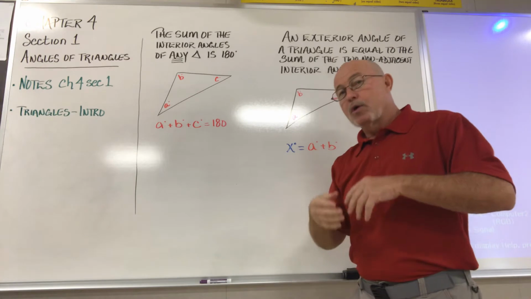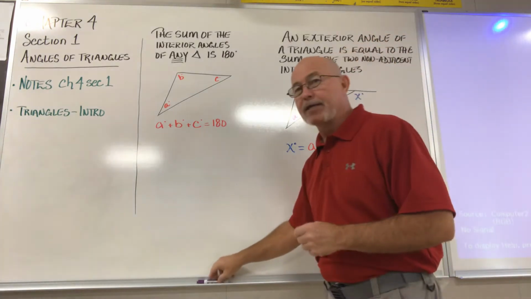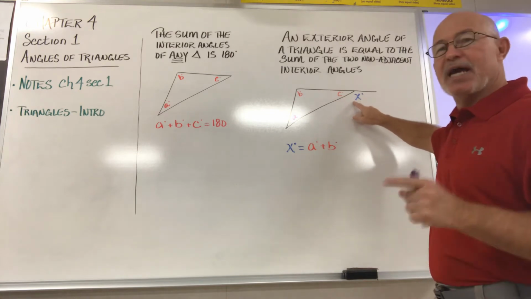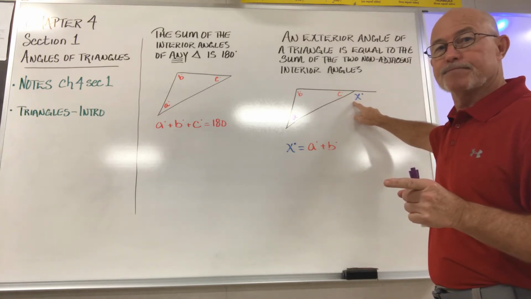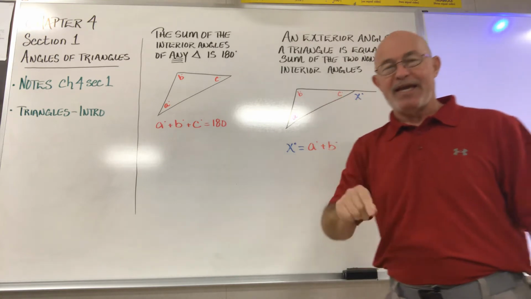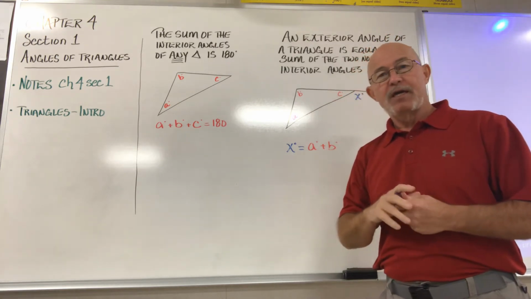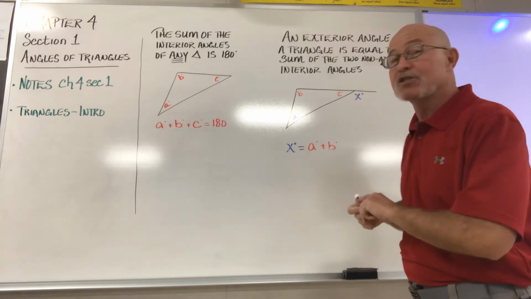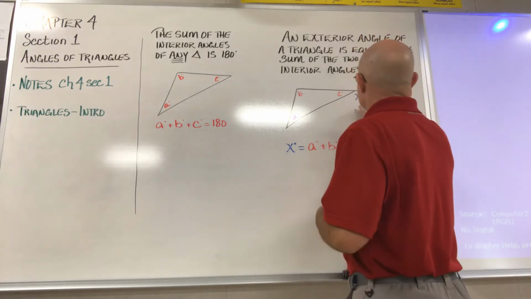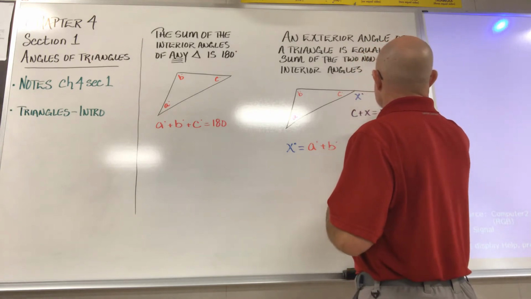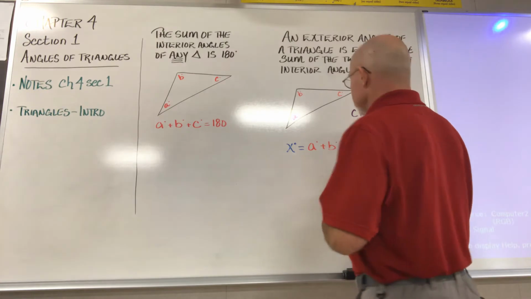Okay? It's very easy to show why. Okay? Think about it this way. C plus X equals 180. A plus B plus C equals 180. Okay? The X and the A and the B are the only ones left. Okay, it kind of looks like this.